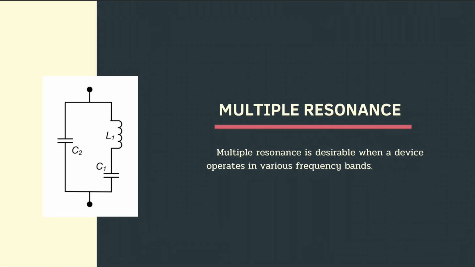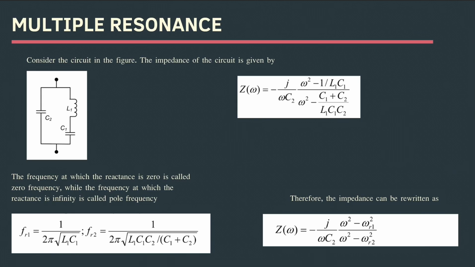And multiple resonance is desirable when a device operates in various frequency bands. We will consider the circuit in the figure.